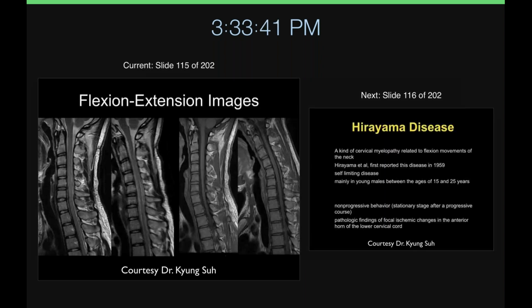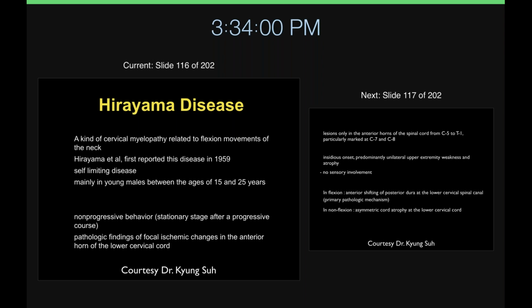Okay, we have T1. There is some prominence of the epidural space, I think, at that level. Yeah. Like herniation? So this is a kind of a controversial diagnosis. It's called Hirayama disease. Have you ever heard of that?